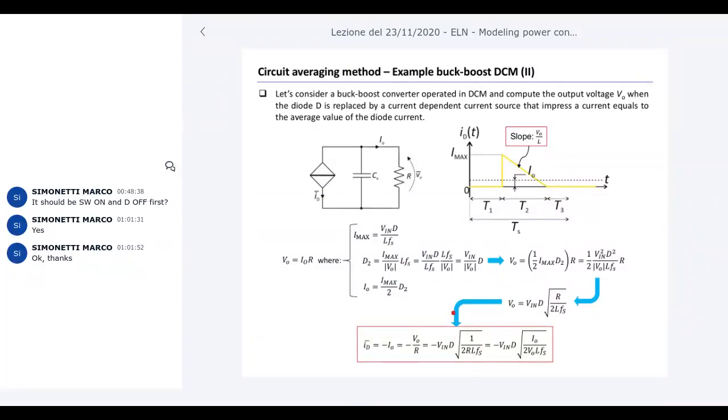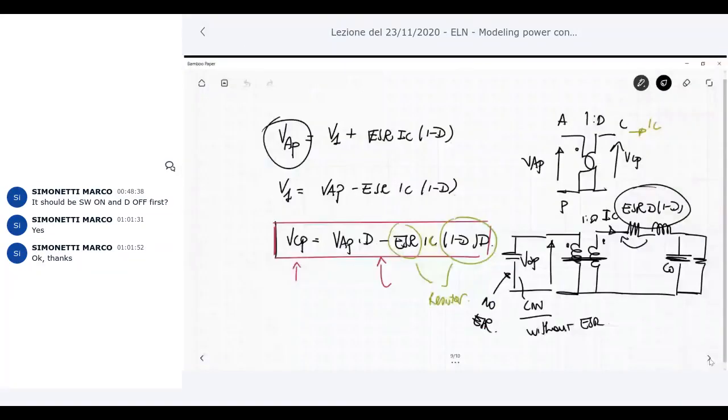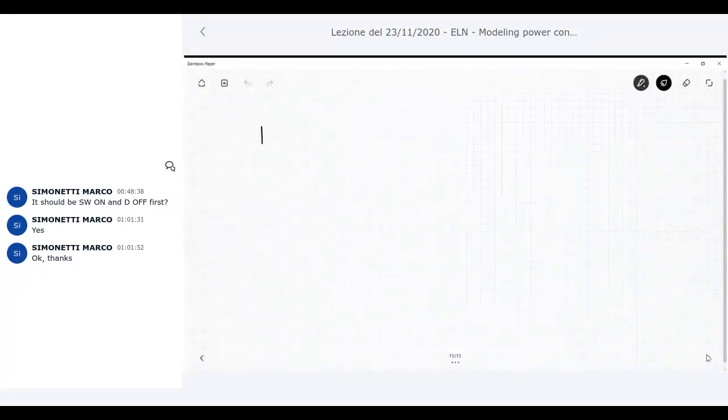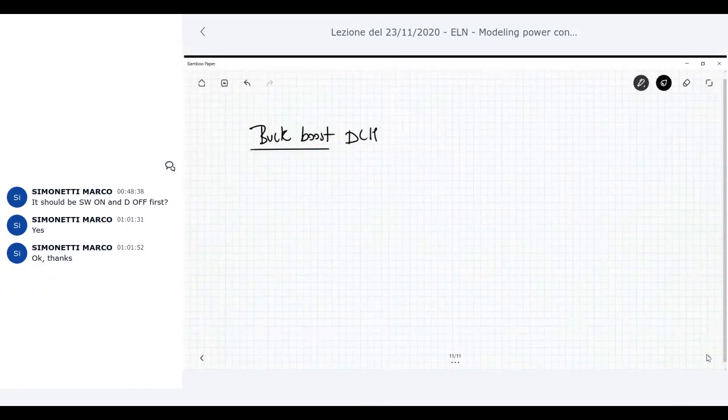Let me start just by looking at this buck boost DCM. Let me share the whiteboard. Here you have the buck boost DCM by circuit average method.